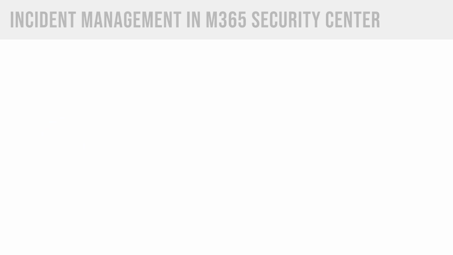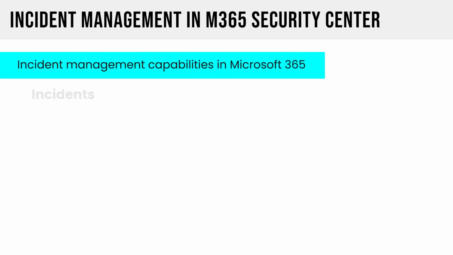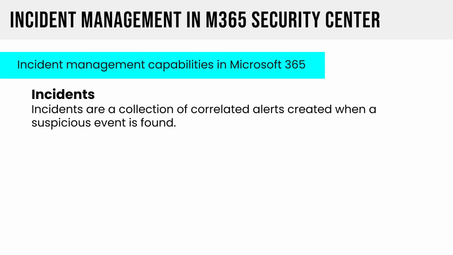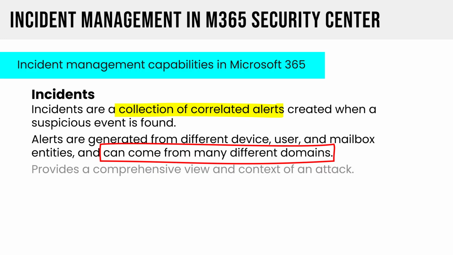And finally, Microsoft 365 Security Center includes incident management functionality. So there's an incidents queue, and our incidents are a collection of correlated alerts created when a suspicious event is found. Alerts can be generated from a variety of different entities, including devices and users and mailbox entities, and they can come from many different domains.